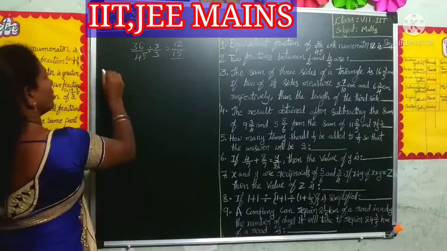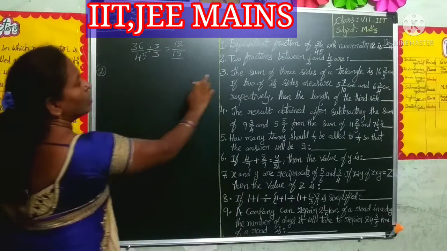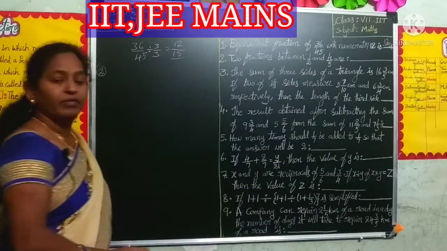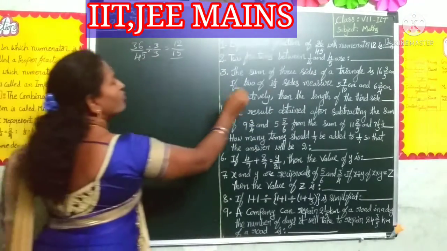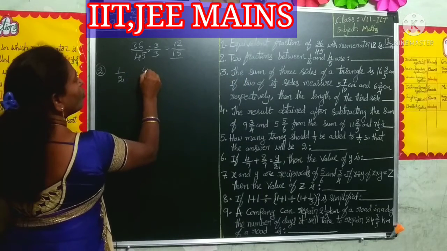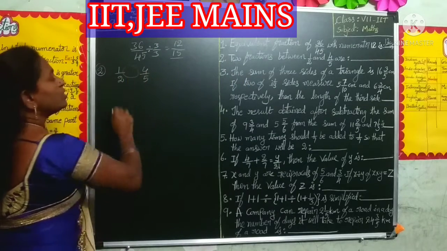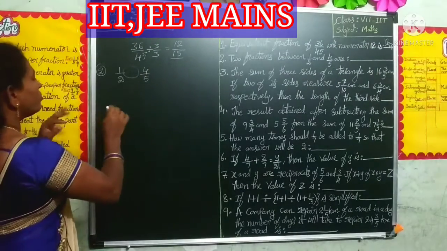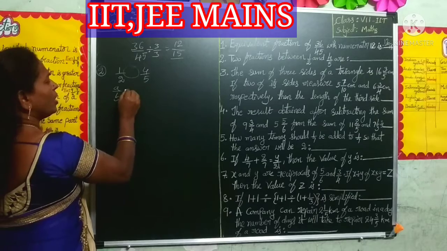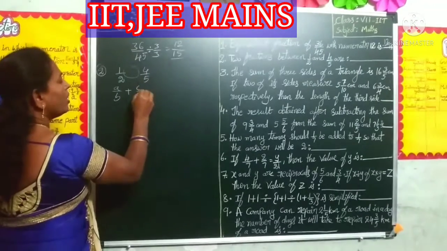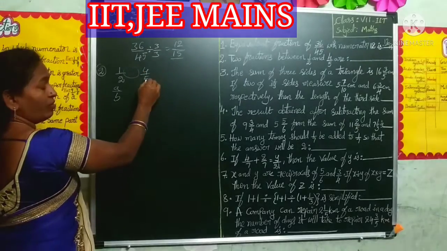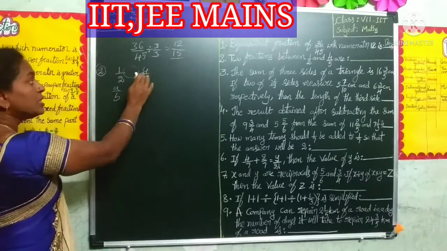Next one, the second question: find two fractions between 1 by 2 and 4 by 5. Here we have to find two fractions between 1 by 2 and 4 by 5. We use a formula: 1 by 2 is a by b and 4 by 5 is c by d.